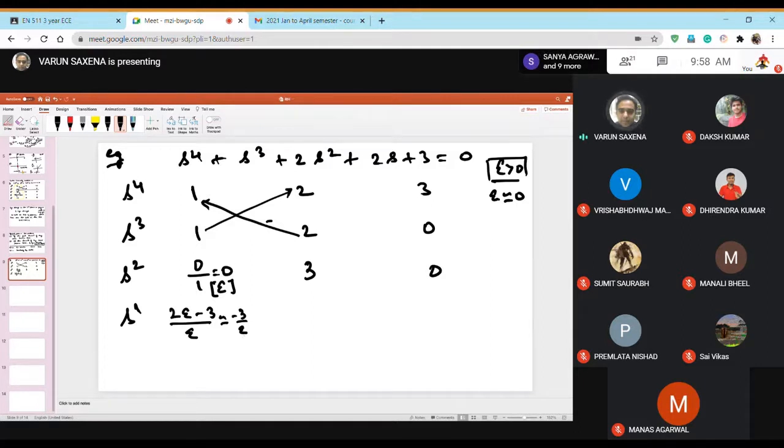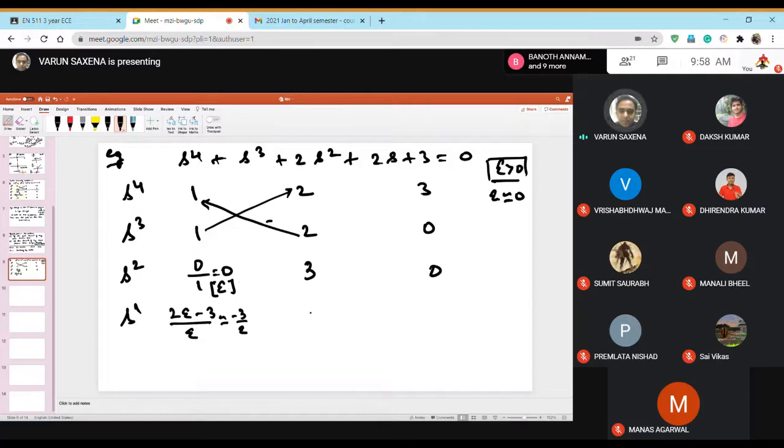So we set this to be 0, and this becomes minus 3 by epsilon, where epsilon is almost equal to 0. That means this is a very large negative value. Minus 3 over a very small value will be a very large negative value, but we still consider it to be some finite value, though extremely large negative.